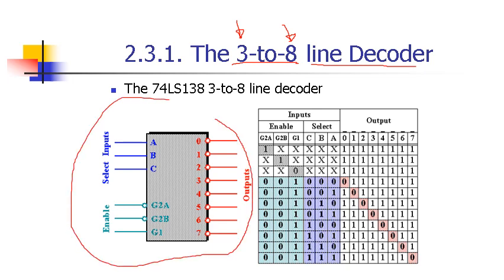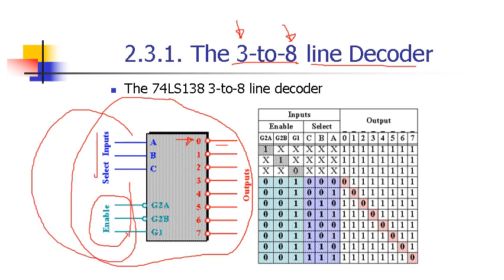Okay, this decoder takes 3 inputs, A, B, C, and makes one and only one of your output lines 0, under a condition that it has to be enabled. So we have here many input signals, okay, so we can use it to decode the rest of your microprocessor's address pins.